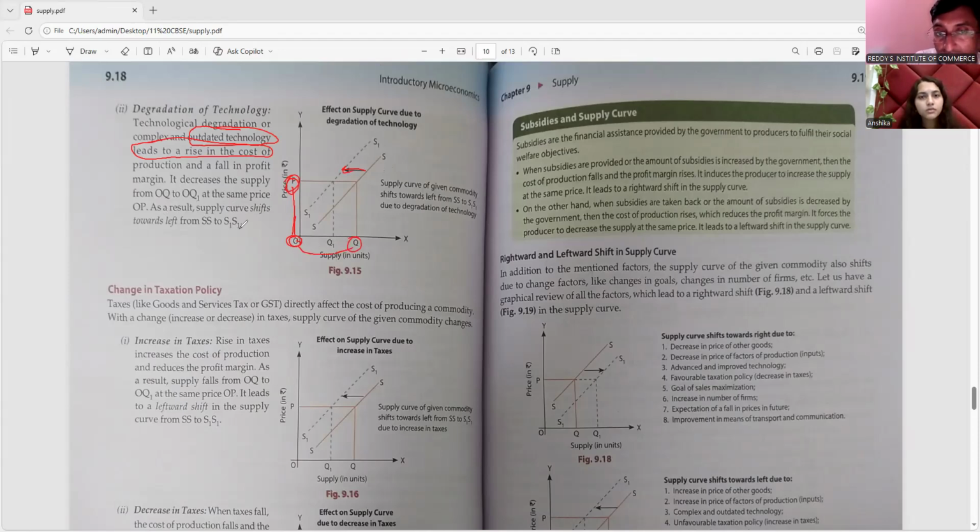So after using outdated technology, your supply will be OQ1 instead of OQ. The supply curve of the given commodity shifts towards the left from SS to SS1 due to the degradation of technology. Got it?